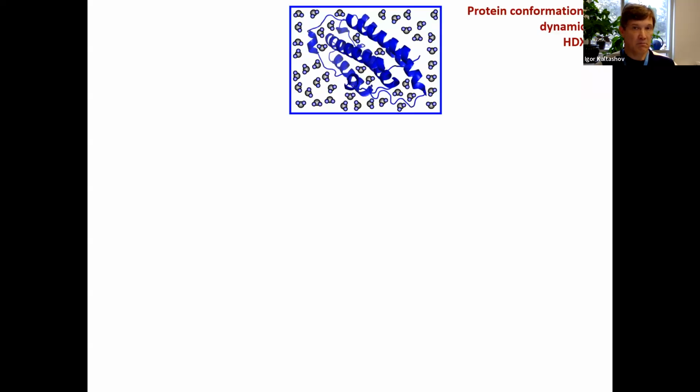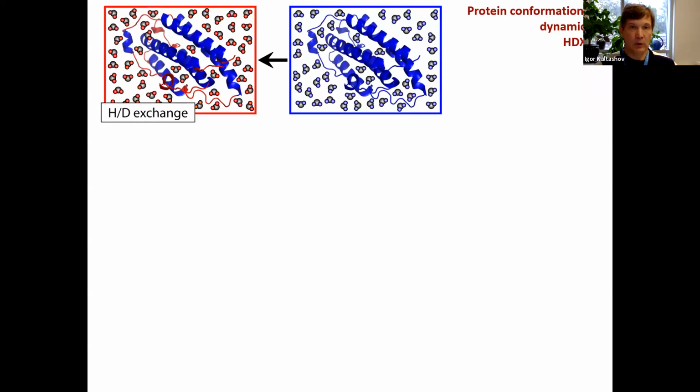So you have a protein in H2O-based buffer, right? And then you quickly dilute it into D2O. The red color here signifies deuterium. Blue is hydrogen 1. As you can see here, all these segments that are unstructured begin to exchange, right? Now your task is to find out what they are in terms of the entire amino acid sequence of the protein.